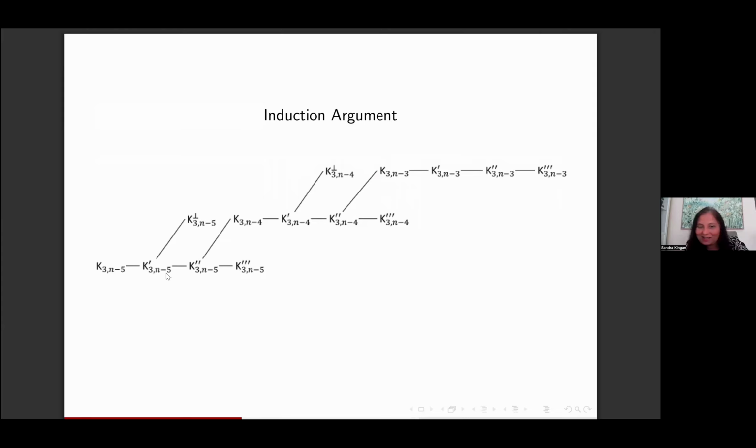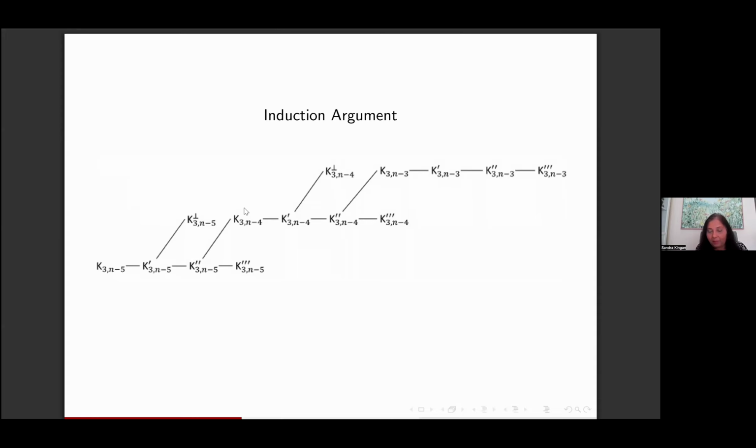It's a little complicated to say, but all it is saying is that the result holds for one step below, and K3n minus whatever dash has just one vertex split, and K3 double dash has just one vertex split. That's it. So all the computation is gone.